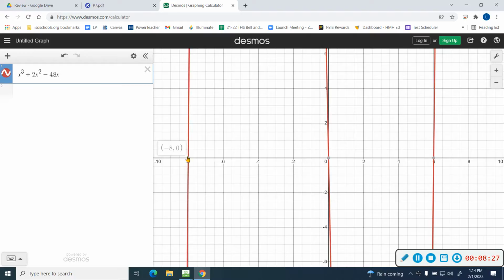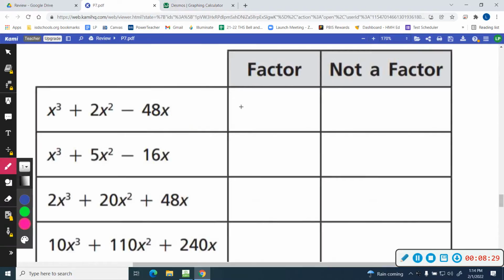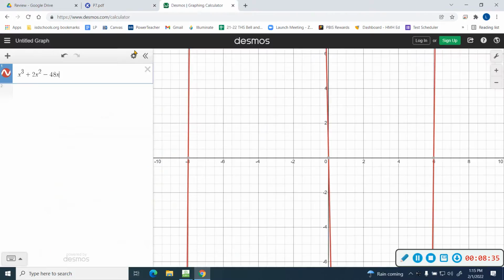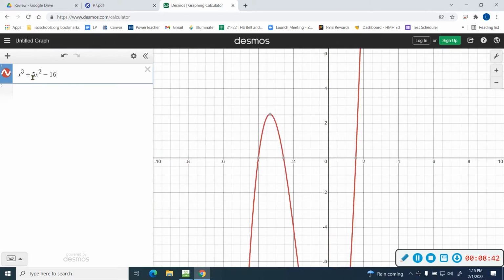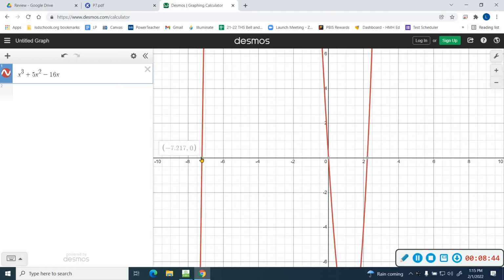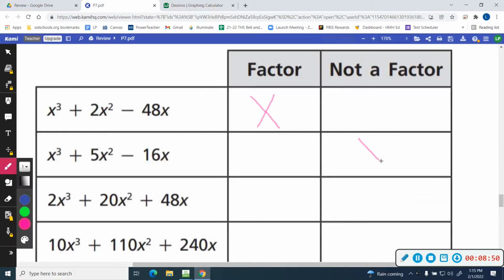Look, x-intercept of negative 8, so I'd go here and I'd say, yes, it is a factor. Type that in. x to the third plus 5x squared minus 16x. No. Yeah, we do not have an x-intercept of negative 8. It's right there. That's not an x-intercept, so that'd be a no.